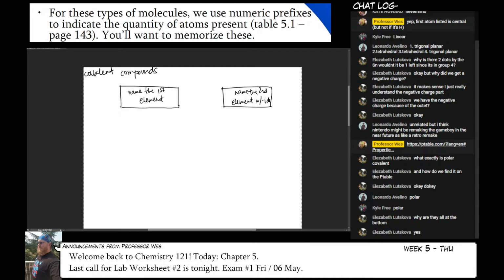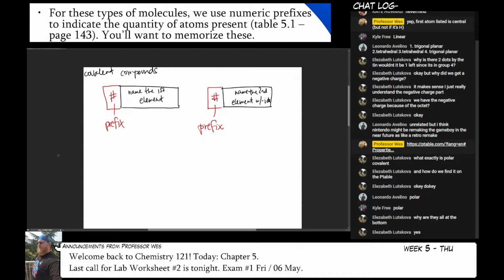Now, you might look at those rules and think, wow, that's really similar. Unlike naming ionic compounds, we are going to use numeric prefixes to indicate how many of an element are present.